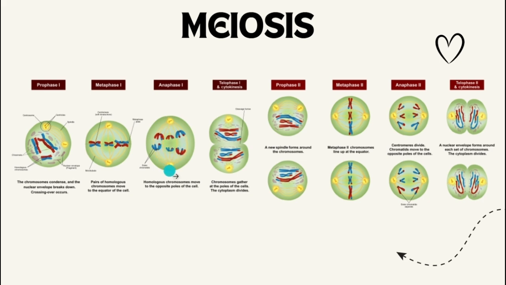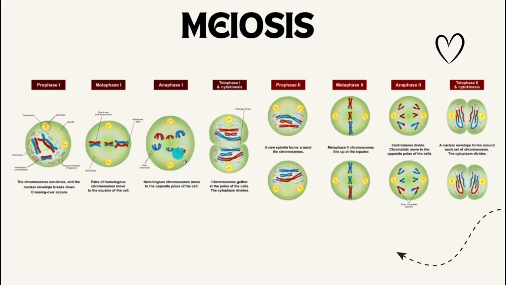Before separating, the homologous pair, which we can also call a tetrad, is basically 4 chromatids, 2 chromosomes. When they pull apart, we have one chromosome and so on, right? And you can see the genetic variation, what happened because of crossing over, that we have different colors.